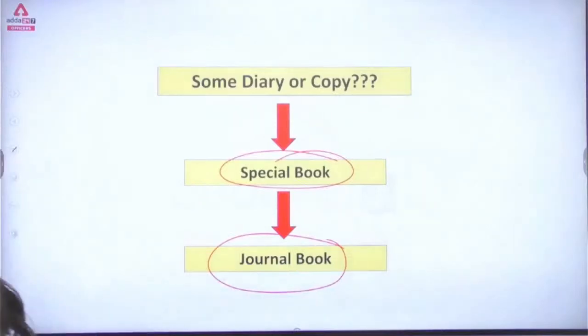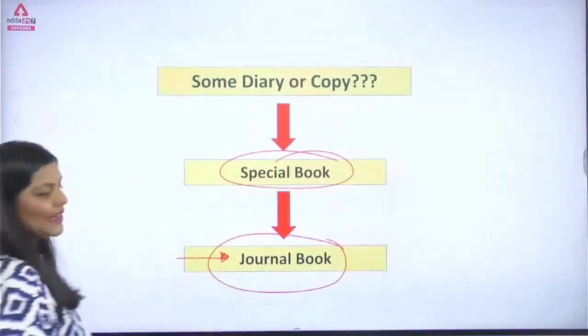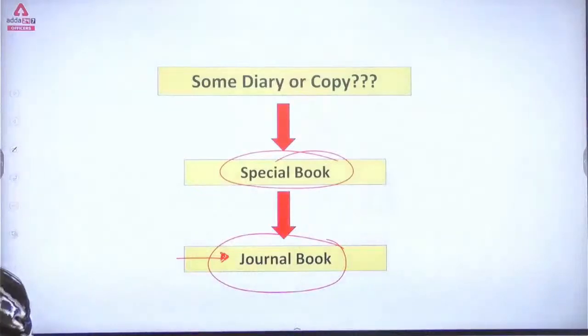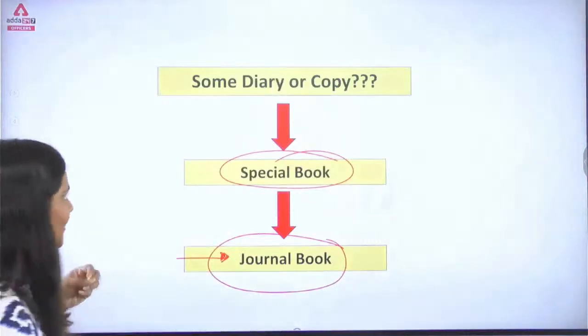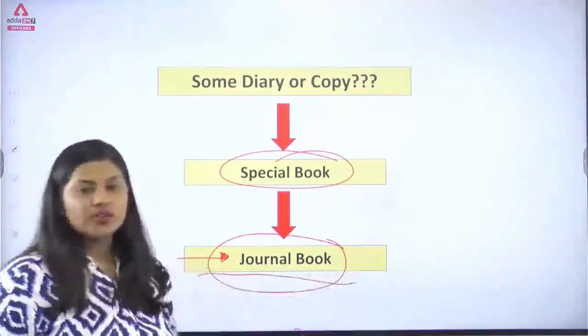Is it clear? So that book is called as what? It is called as journal book. Is it clear? So that diary, that copy where you're going to write these transactions is called journal book.